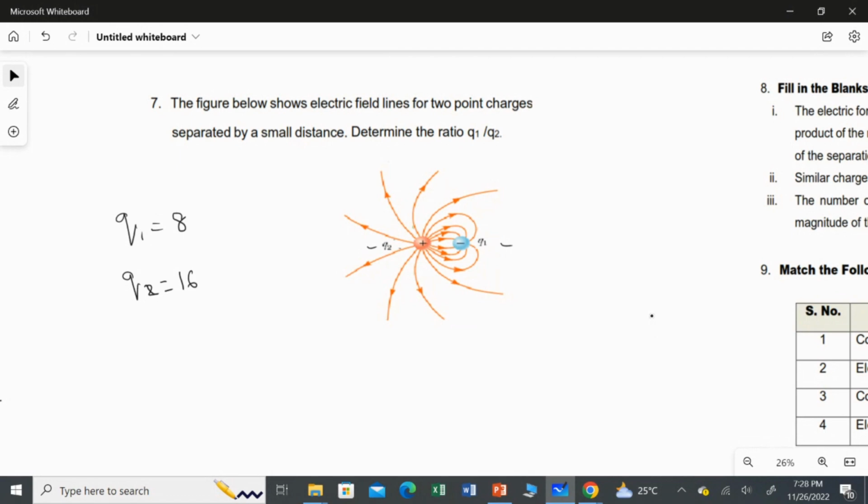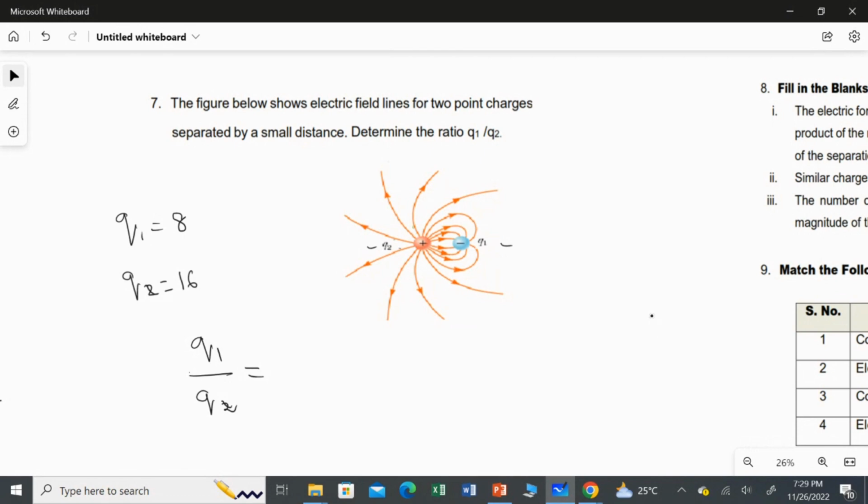Am I right? So we can find the ratio in this way because we already studied these things in the theory. The number of electrical field lines leaving or entering a charge is proportional to the magnitude of the electrical charge. So Q1 over Q2 is equal to the Q1.